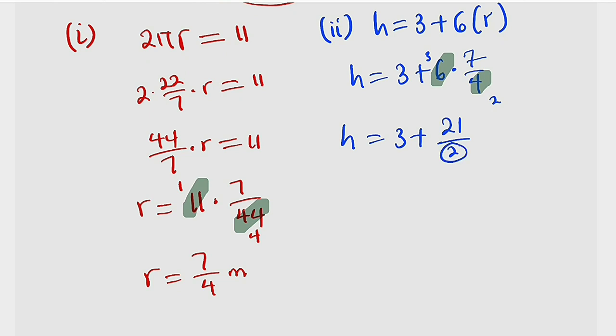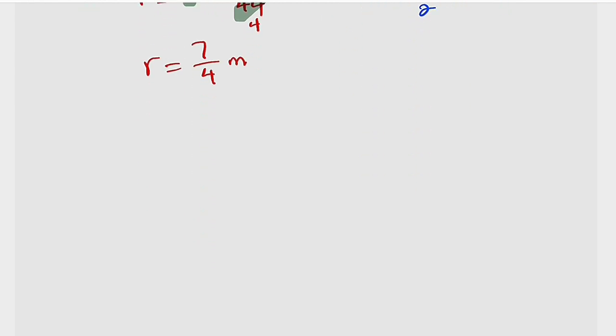And we say that 2 multiplied by 3 is 6. And 6 plus 21 will give us 27. So h is equal to 27 divided by 2 meter. We are done with Roman number 2. And lastly, we are looking for the volume.